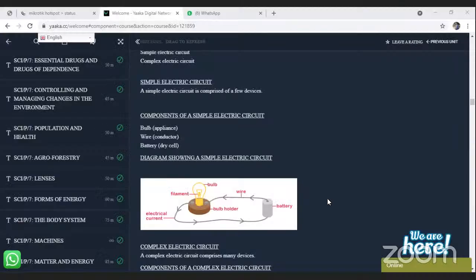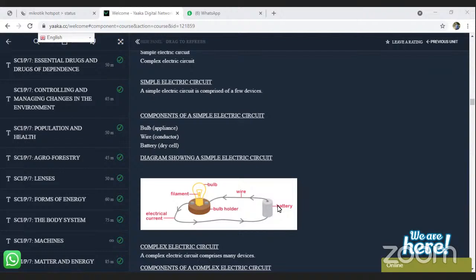There is what we call flow of electrons, and there is also what we call flow of current. They flow in different directions, and you need to get it here today, because they will draw a bulb, a dry cell, and the wire, and ask you to show the flow of electrons. It is just a matter of putting an arrow.